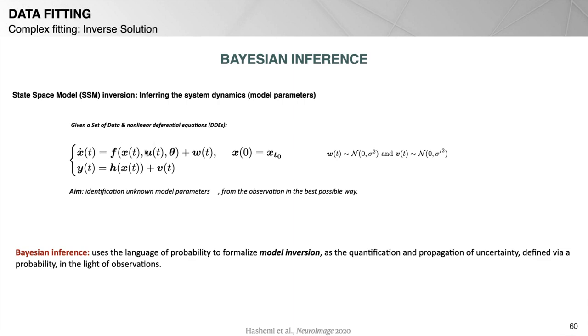U is the external input, like the noise. And we have the parameters here that we want to infer. And Y is our observation, the SEEG data.